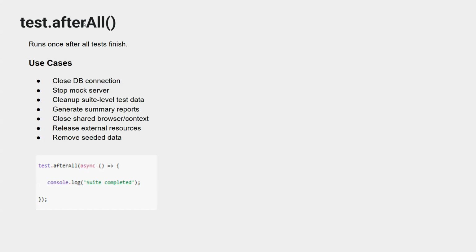The important thing to remember over here is afterAll and beforeAll get executed only once, that is, at the beginning of the suite, beforeAll, and at the completion of the suite, afterAll. Whereas beforeEach and afterEach get executed for each of your test functions.